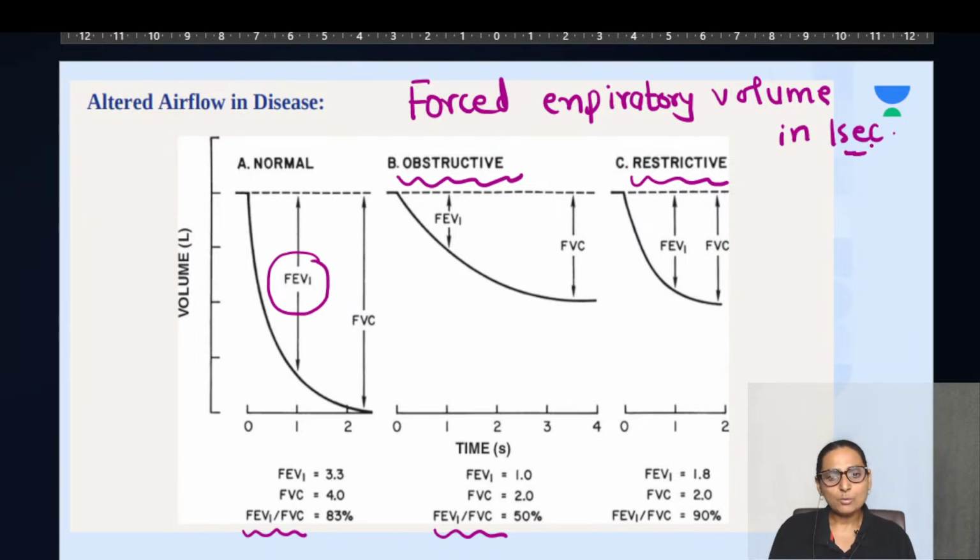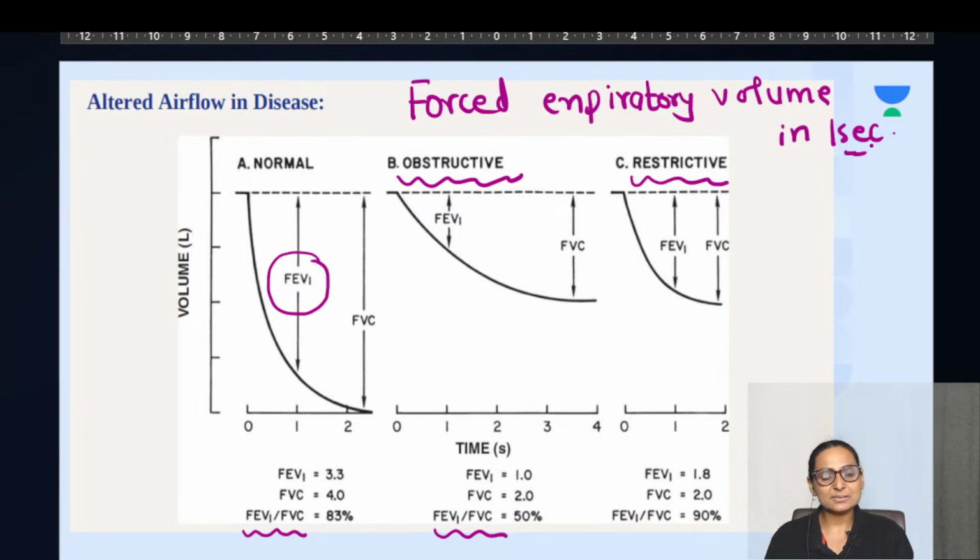That means how much volume of air the person expired out in the first second of expiration. Normally, if the person is taking in 100 ml of air, he should be able to expire 70 to 80 ml in the first second.